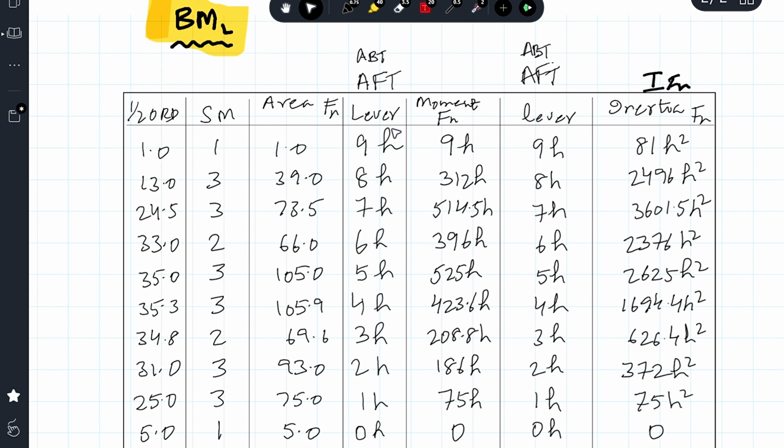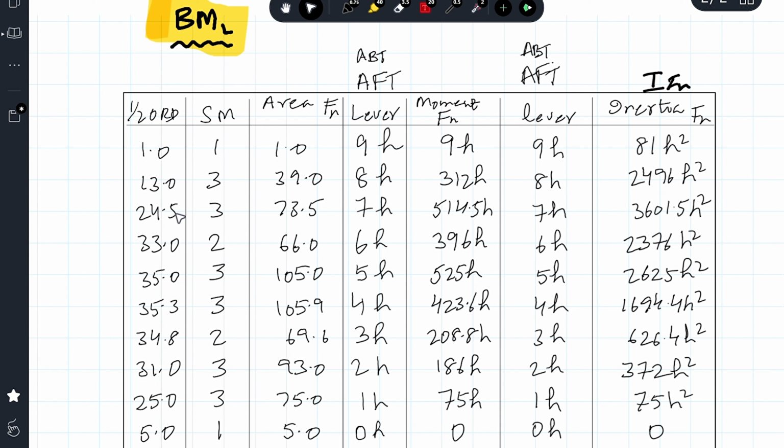So which is my aft ordinate at the aft end? Ordinates are written from forward to aft. So this 5.0 is my ordinate at the aft end. So I take levers from here. So this lever will become 0h. And then moving forward, 1h, 2h, 3h, 4h, 5h, 6h, 7h, 8h, and the forwardmost ordinate will be 9h.